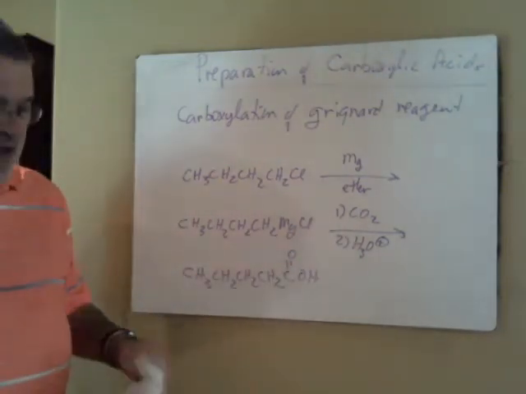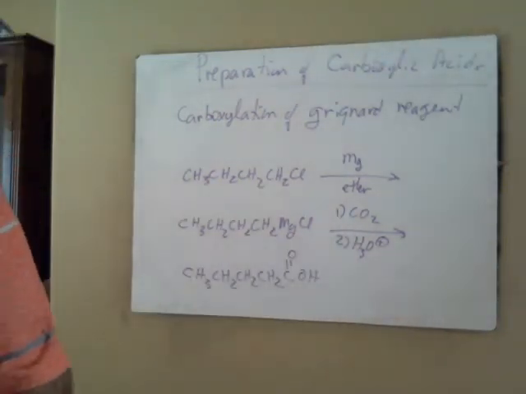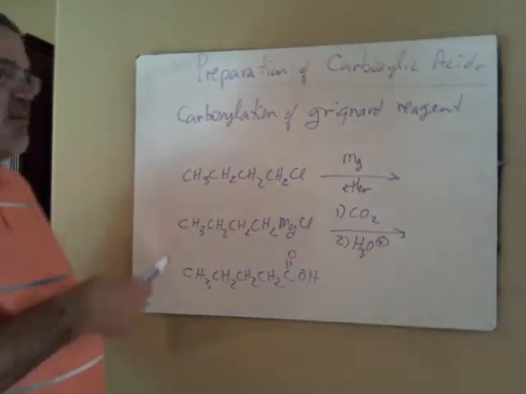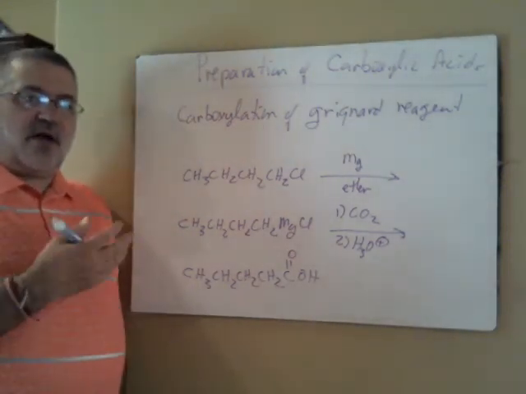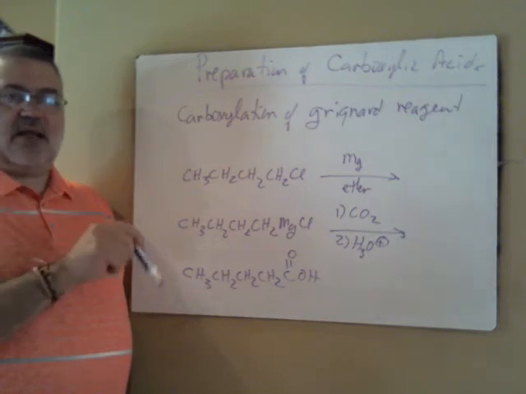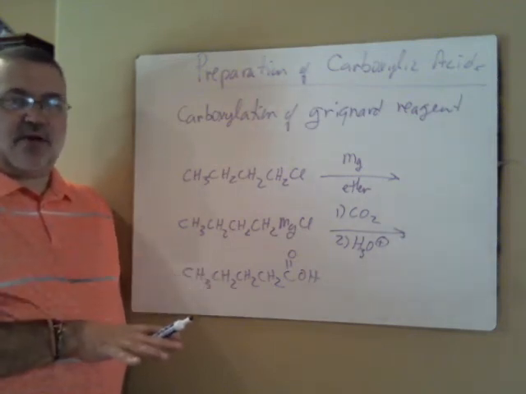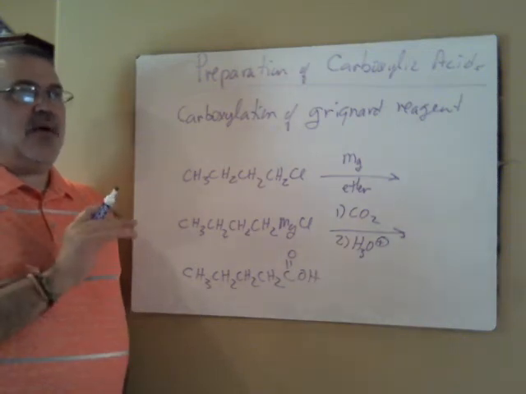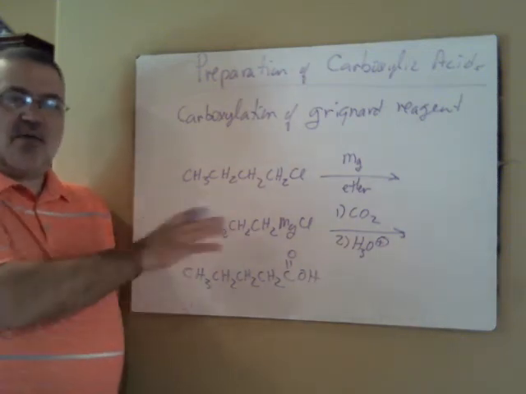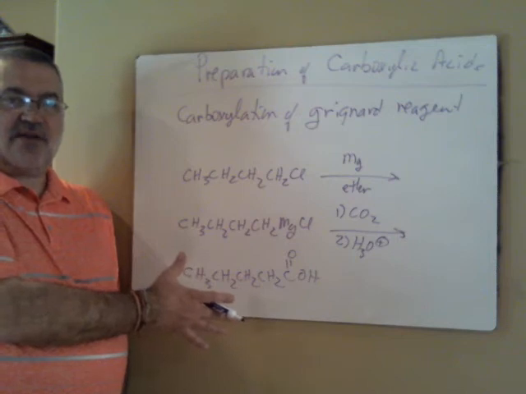All right. Now we're going to look at this mechanistically in a second, but I want to talk experimentally about it, since we don't have the pleasure of actually being in the lab this latter part of the semester because of the virus. I want to talk a little bit about how you would carry out this reaction, because it's kind of interesting.